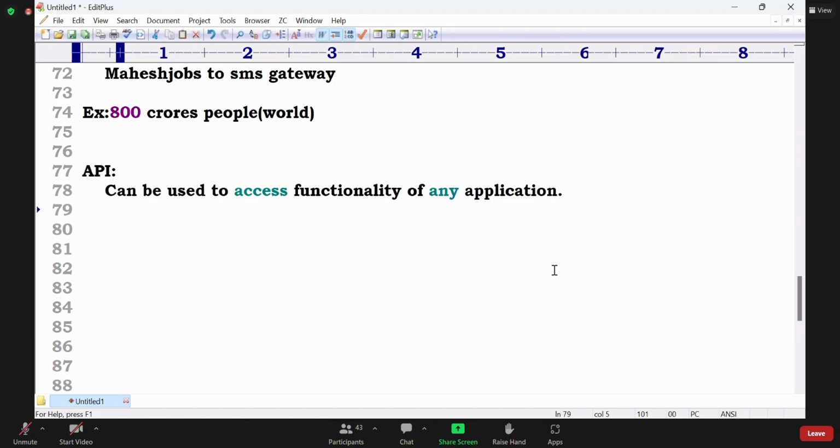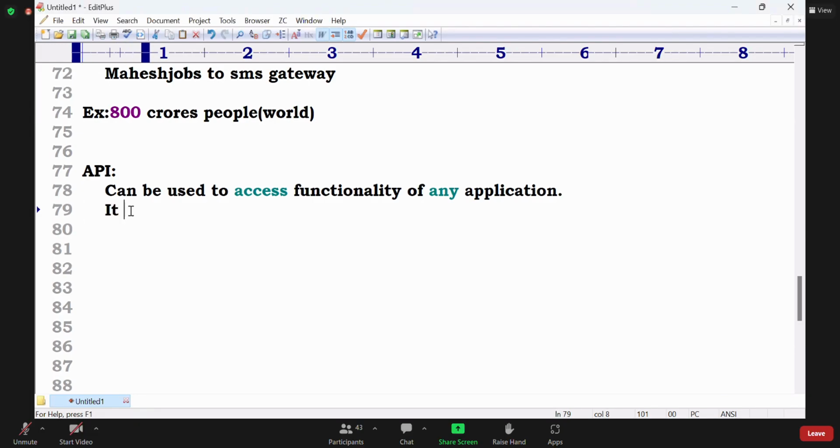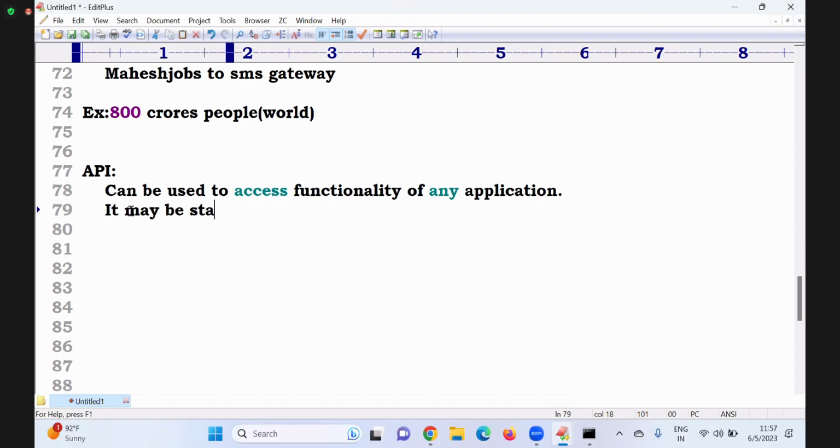Just now I told you the Samsung mobile phone. It is not Java or Python, but I want to access that application. A keyboard is required. ATM, I want to access. That is API. The application may be standalone, or a web application, or an enterprise application. That is API.